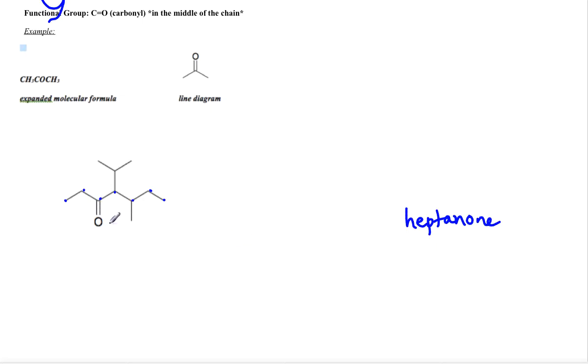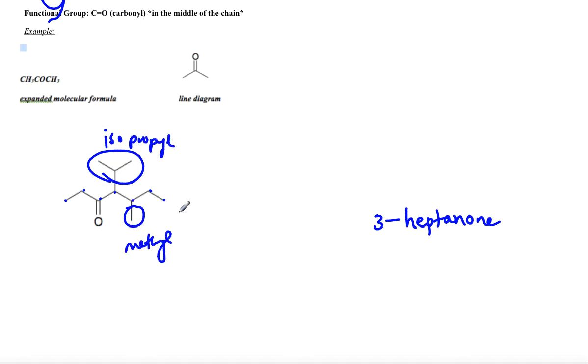In this case, because the carbonyl could be anywhere along the chain except for on carbon 1, we need to state its position. So 1, 2, 3. So this is a 3-heptanone because the carbonyl is on the third carbon. These groups here, I have an isopropyl, and I've got a methyl.